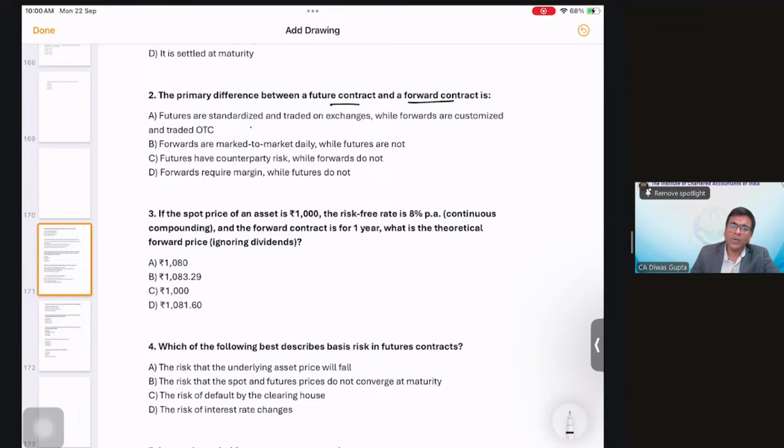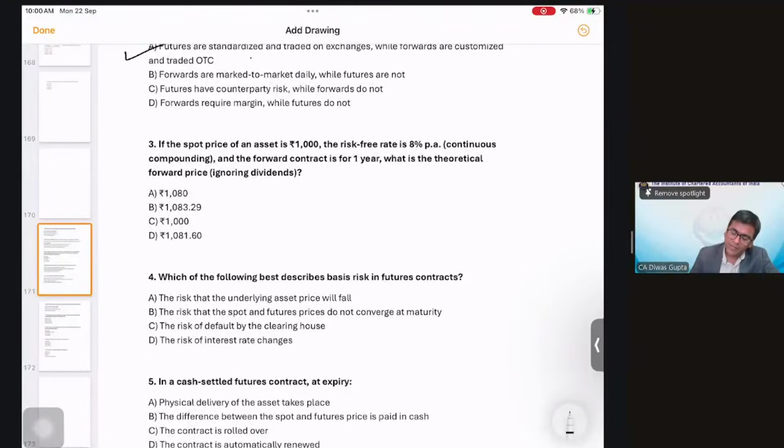So you have to point out which one is the right answer in terms of the distinction between both of them. Yes, very good. Very good, Chitra. Very good, Saminathan. The correct answer here is option A, which is that futures are standardized and traded on an exchange while forwards are customized.